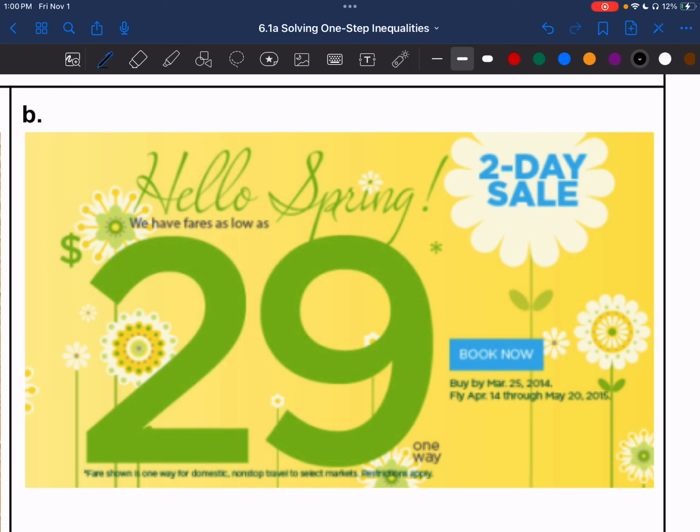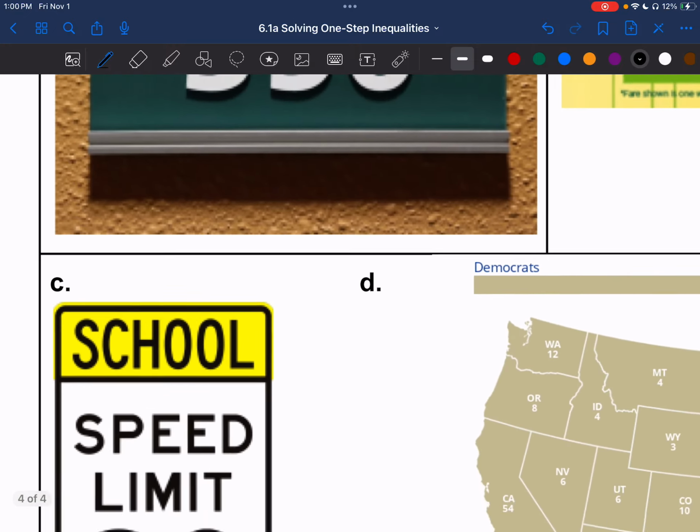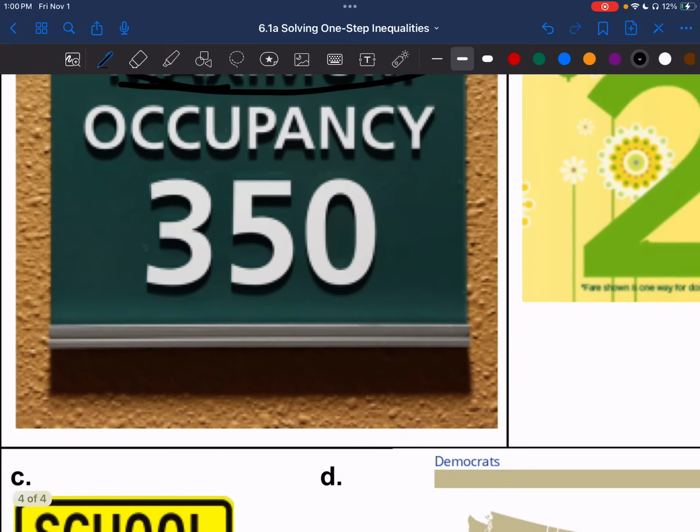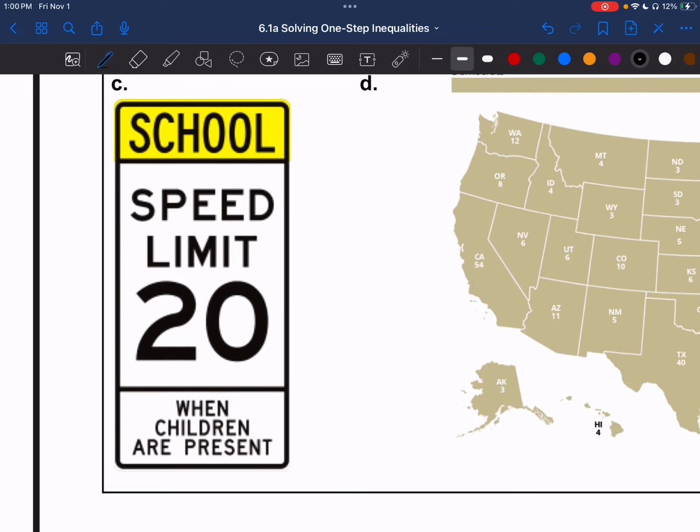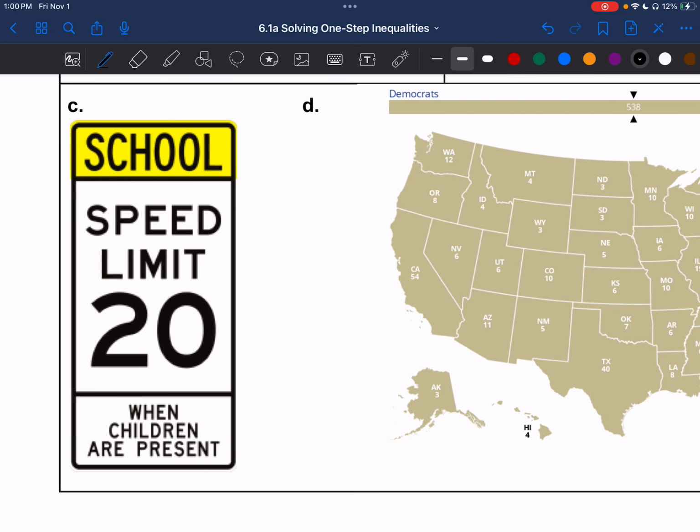We have fares as low as $29. So that means the fares are greater than or equal to 29. Now we look at letter C. We have a school zone speed limit. Your speed needs to be less than or equal to 20 miles per hour.